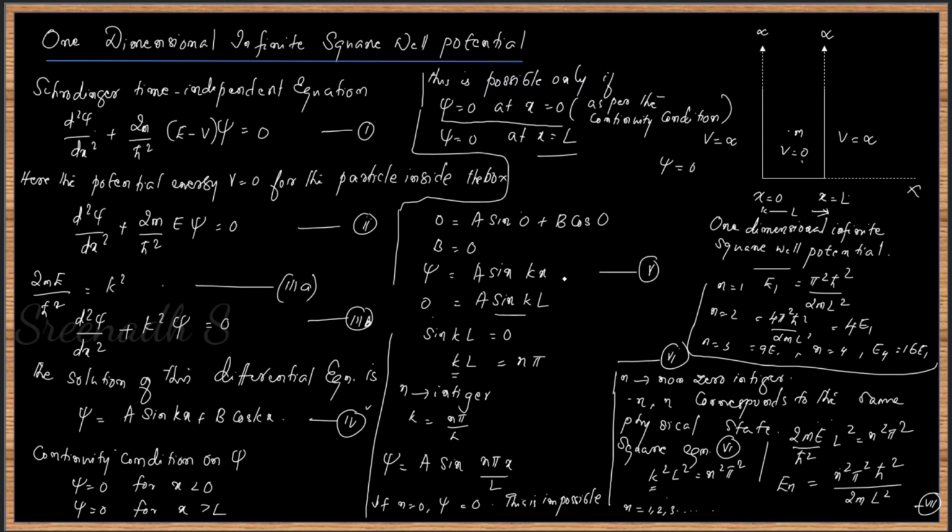For that we have studied the normalization condition. A function should be normalizable to represent a wave function. So we are going to apply the normalization condition to this wave function between the limits x equal to 0 and x equal to L.